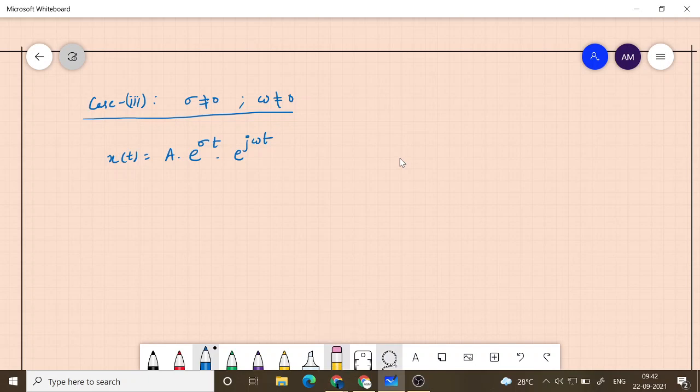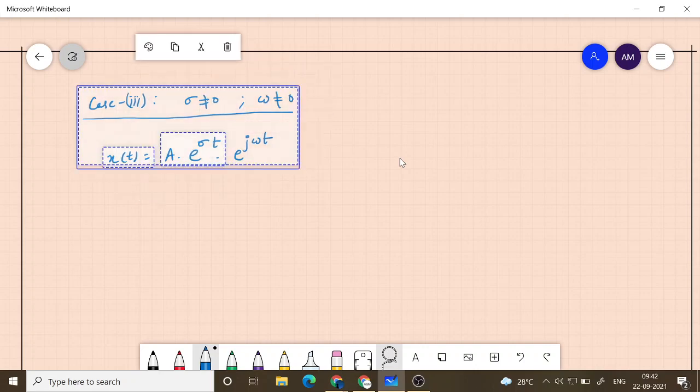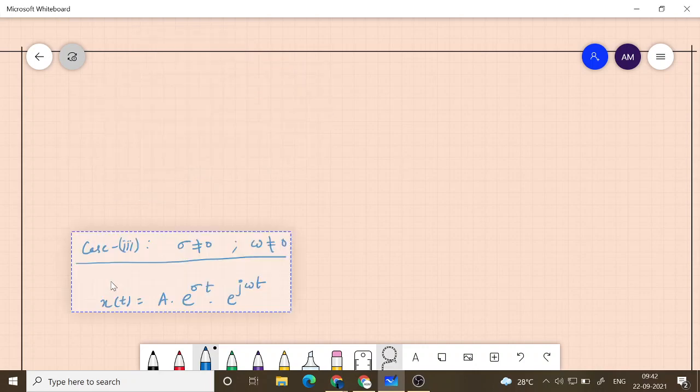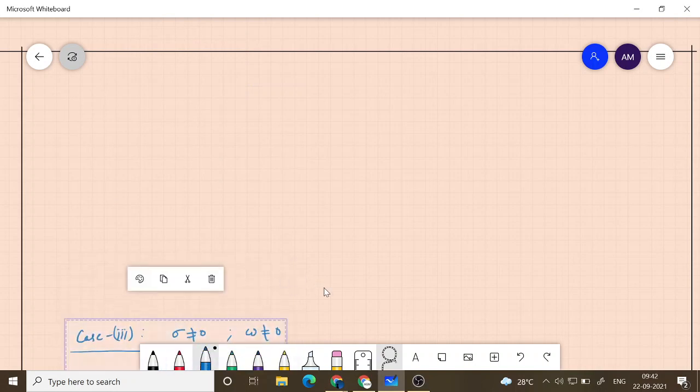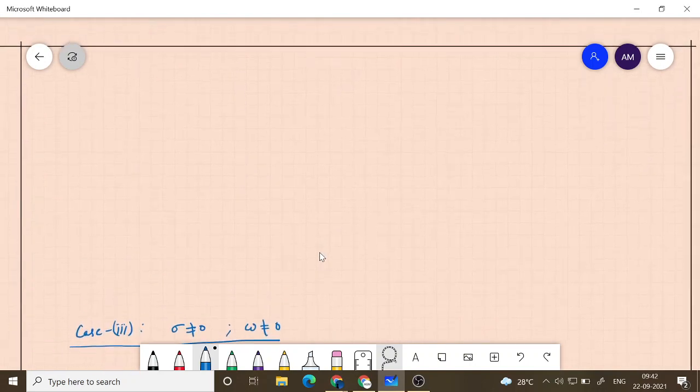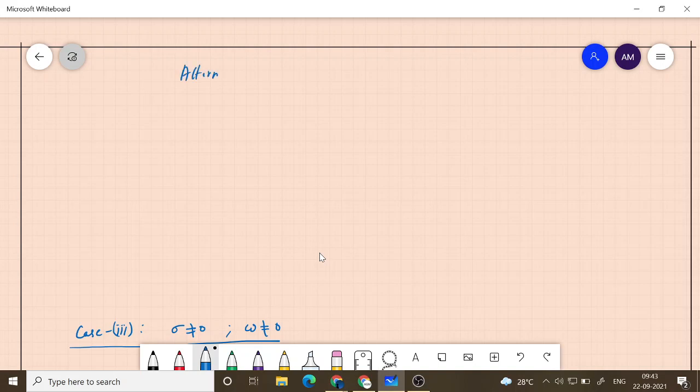I'm just going to shift this downward, just to show you an alternate way of plotting e raised to j omega t, or A e raised to j omega t.